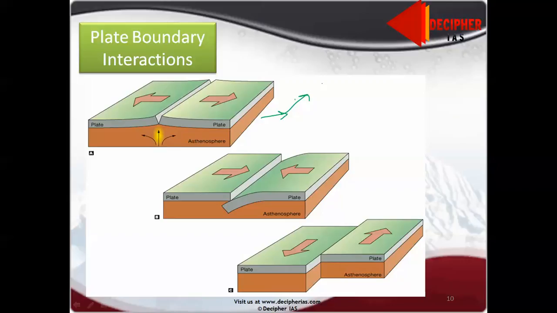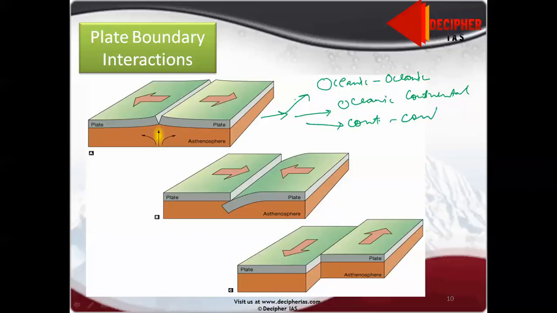First of all, when 2 oceanic plates collide, that is oceanic-oceanic interaction. Second one is oceanic-continental. Third one is continental-continental. Okay. So these 3 differ somewhat from each other. Now what happens in oceanic and oceanic interaction?